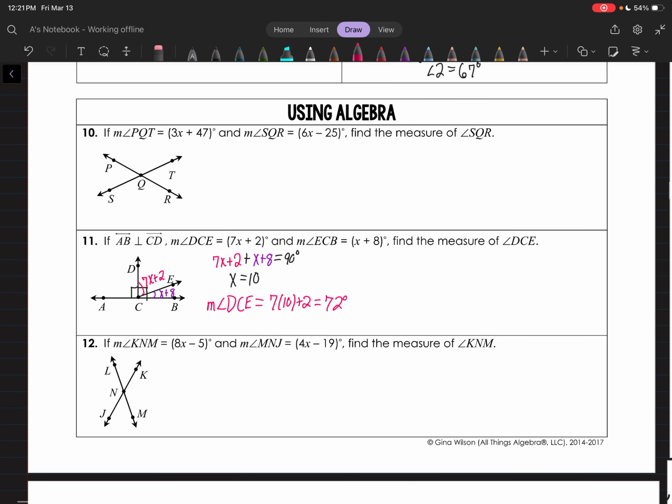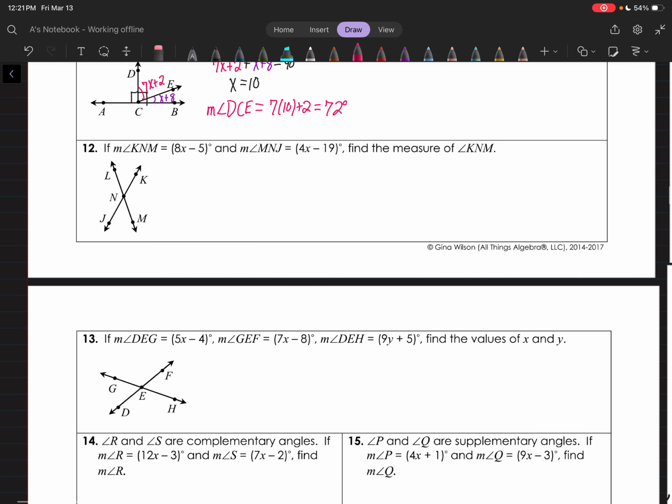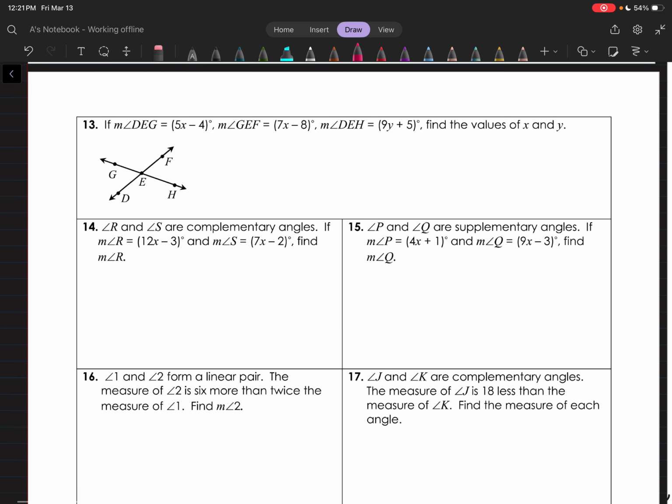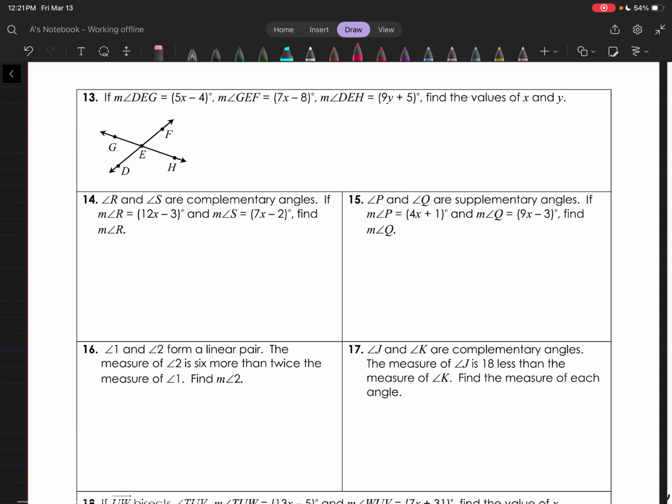Take a minute, try 10 and 12. Number 13 is not hard. I believe you can do it. It does have a little bit more work since you need to solve for x first and then y.